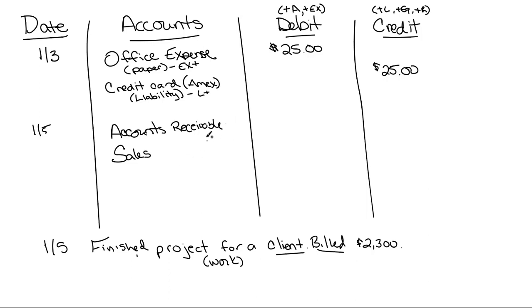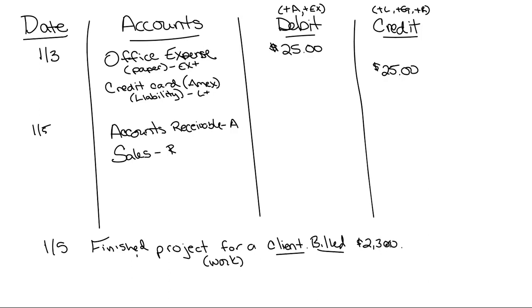So now let's analyze these and figure out what we're going to do with them. So accounts receivable, I'm receiving something that is an asset. So I'm just going to put over here that I have an asset, and then sales is a revenue account, right? Because I earned revenue. Now, is my asset increasing or decreasing?